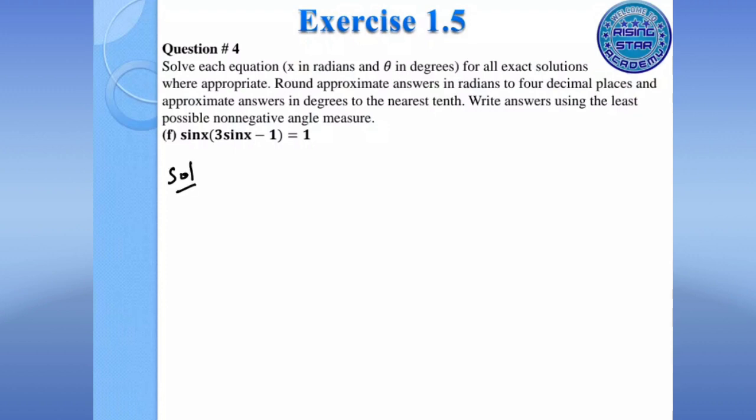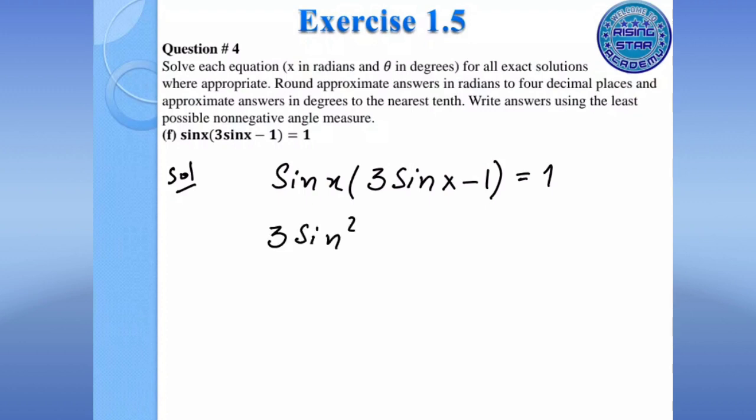Here we will simplify the equations first. So we'll write sine of x times 3 times sine x minus 1 is equal to 1. So we'll multiply. We have 3 sine square x minus sine x is equal to 1.